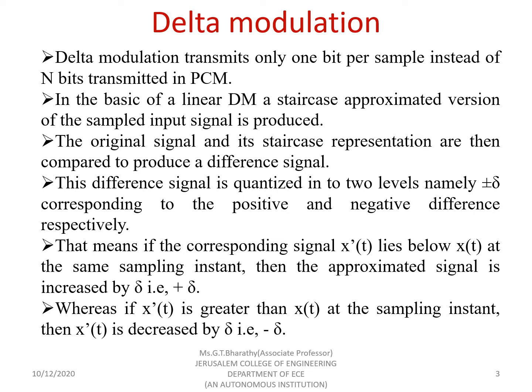If it is negative, the step size will be decreased. It will be either increased or decreased by a constant step size represented by delta. When the staircase approximation signal is increased by delta, binary data 1 will be transmitted. Else binary data 0 will be transmitted. So for each and every sample, either 0 or 1 will be transmitted in delta modulation.